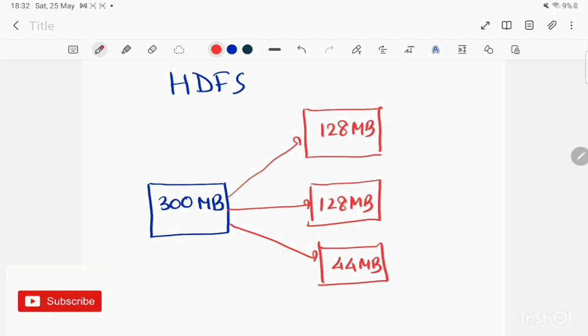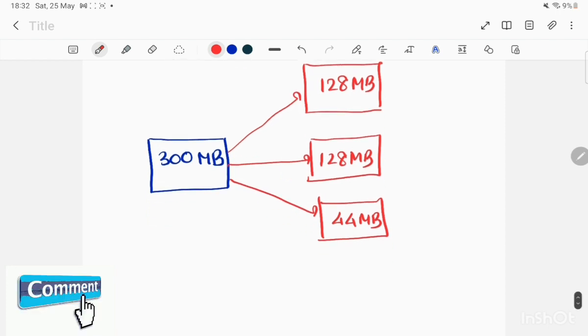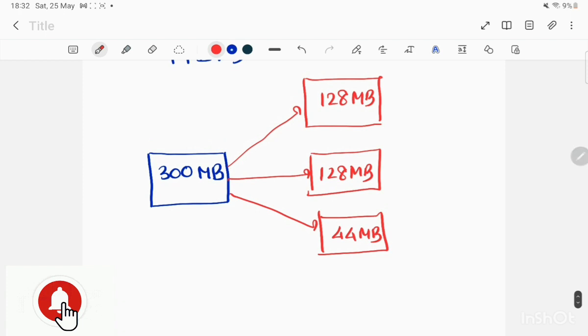All right. Now, apart from breaking the file into small chunks, it also makes copies of it. So, how does it make the copies?